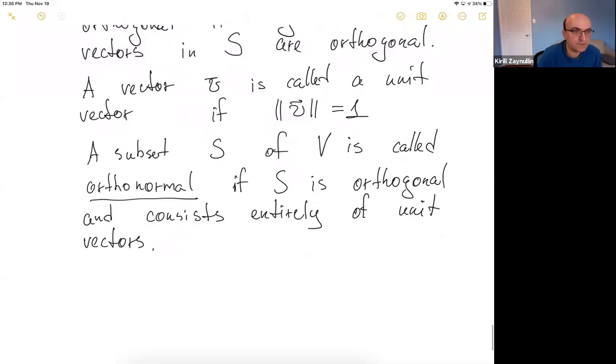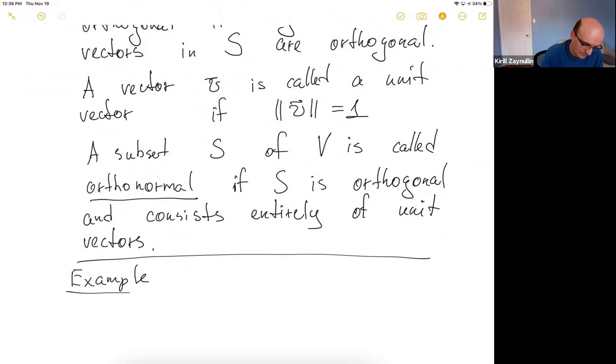Okay, so let me give an example. Several concepts, we would like to see how it works. Okay, let me give the following example. Again, I will take this vector space of complex valued functions, continuous complex valued functions on that interval from 0 to 2 pi.